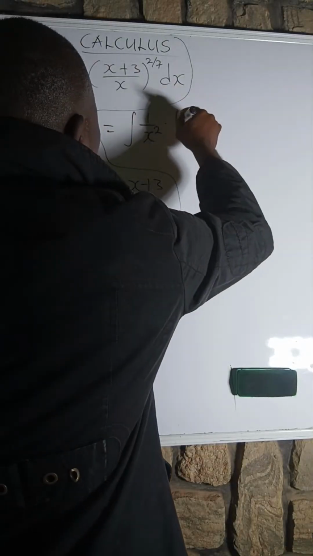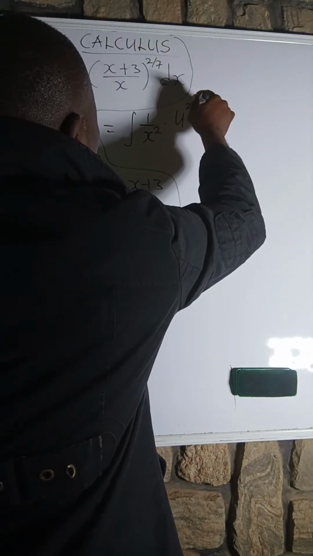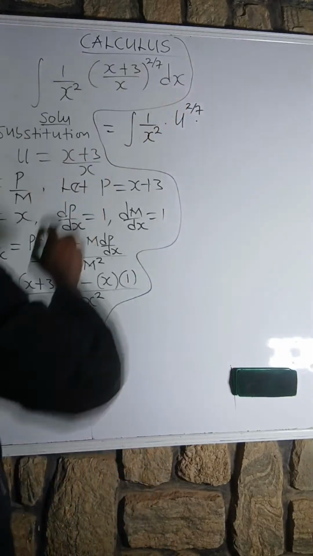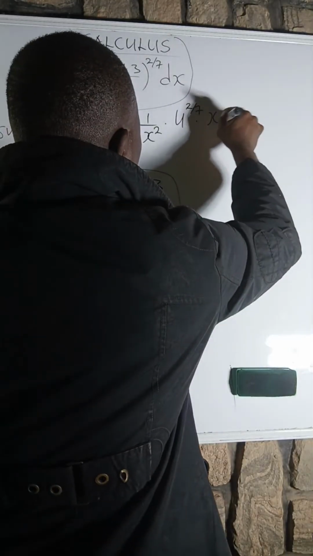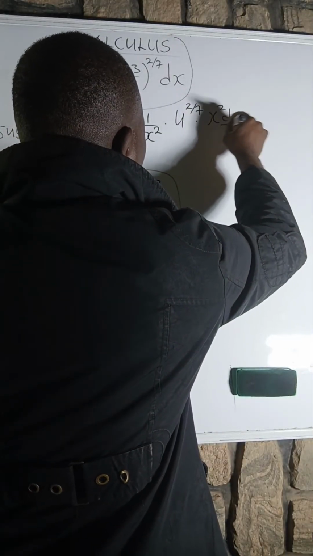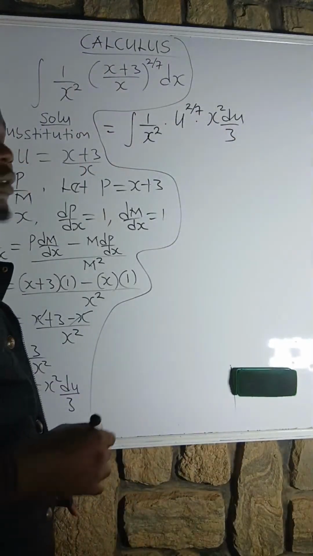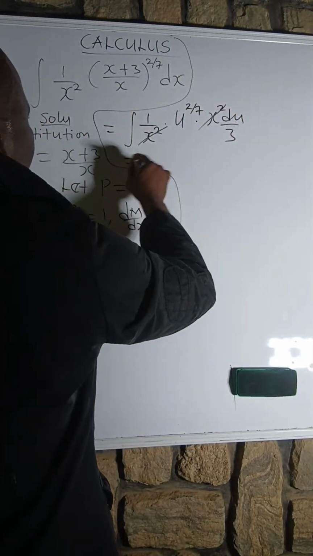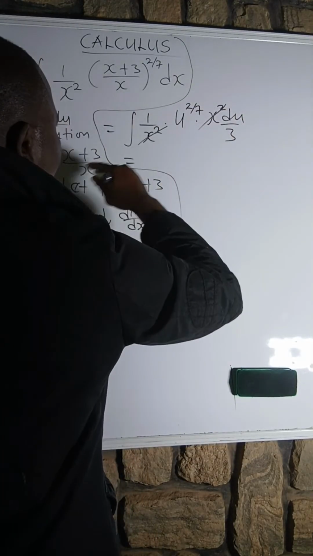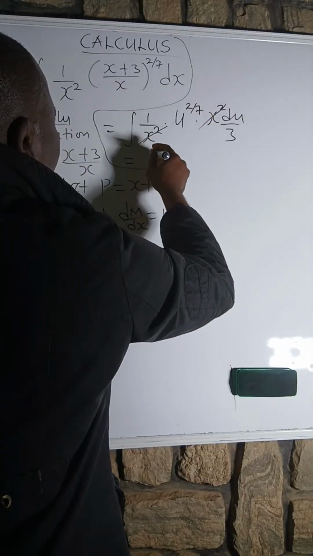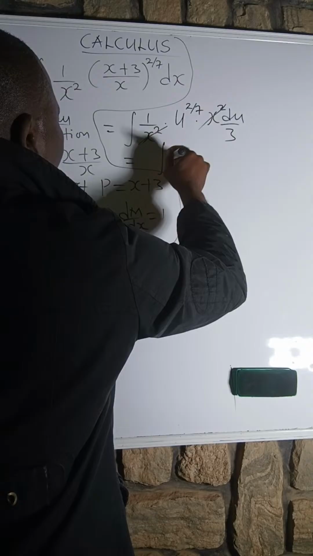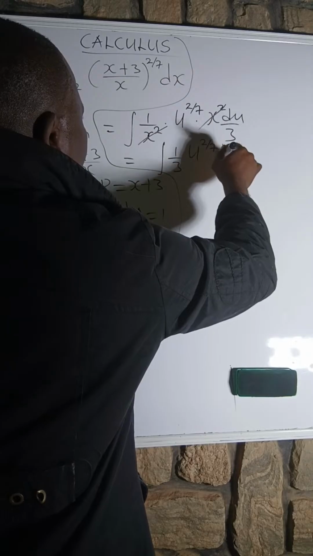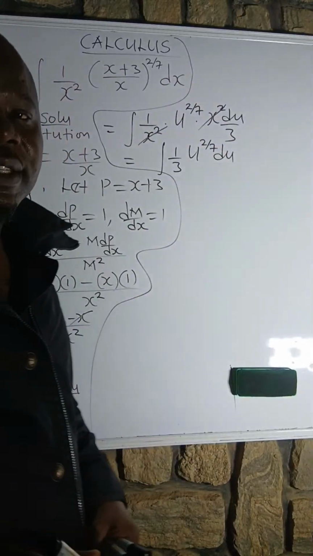So u raised to the power of 2 over 7, then times dx is x squared du over 3. Looking at this, you don't need a prophet to tell this and this will cancel. So it's going to be the integral of 1 over 3 u raised to the power of 2 over 7 du. Do you understand up to this point?